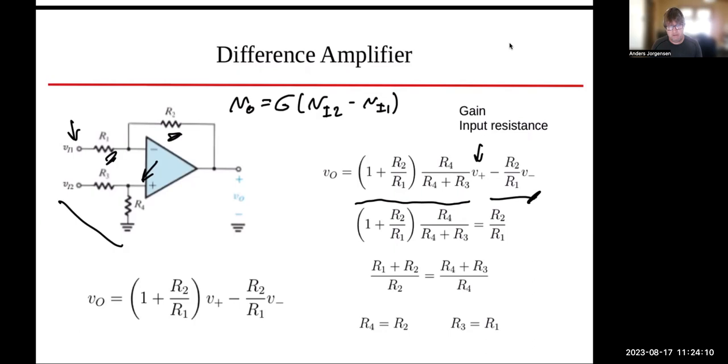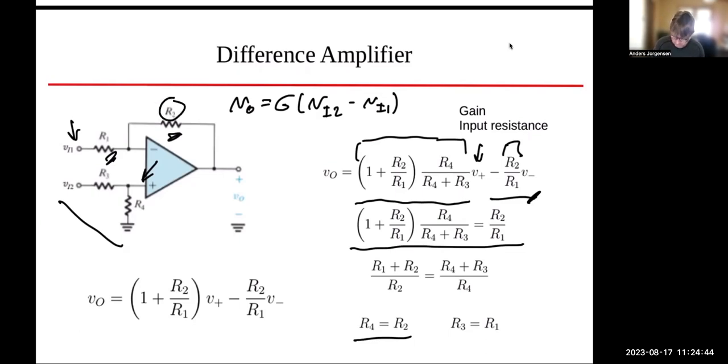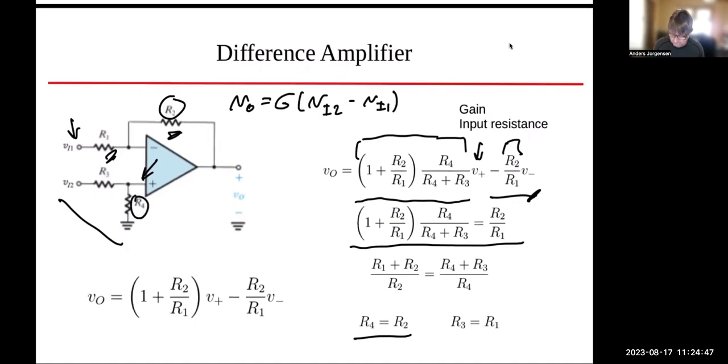Now, in order for that to be a difference amplifier, we would want this gain here to be equal to this gain here. And that's what we write in this second line here. We say that gain must be equal to R2 over R1. Then we can work out what that means. Well, R4 must be equal to R2, so this must be equal to this here.